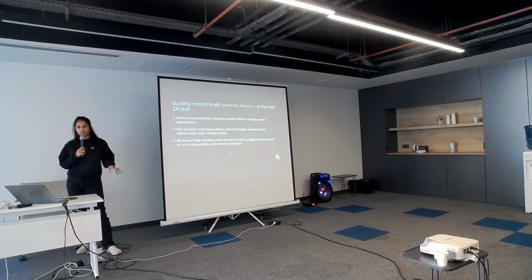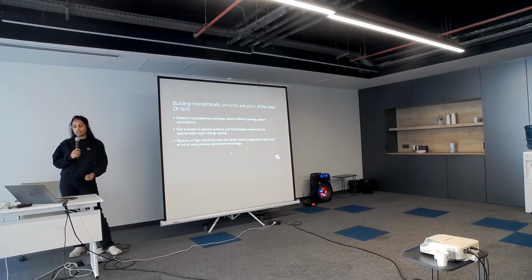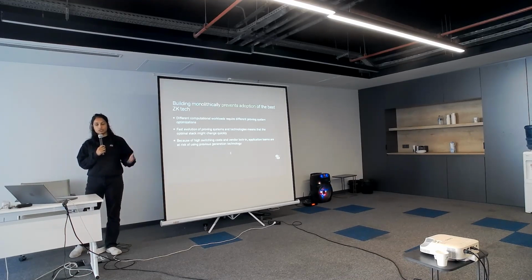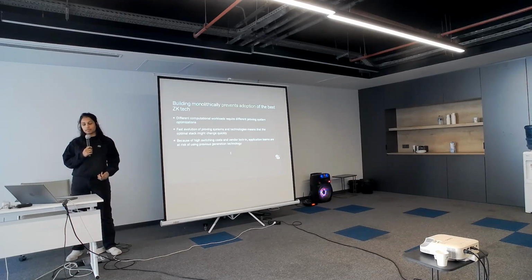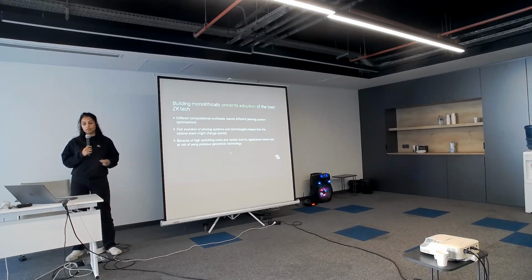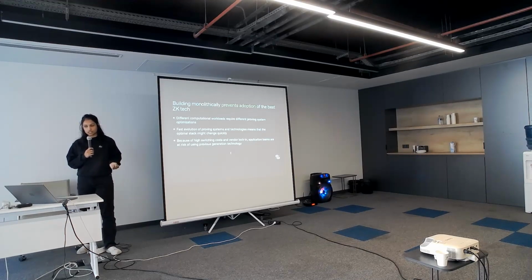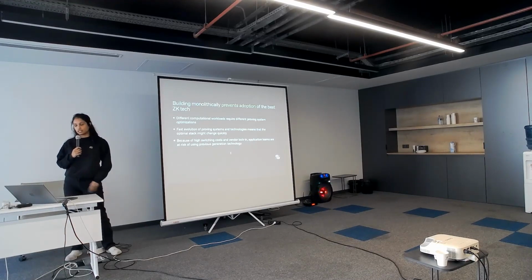And in a monolithic world where you have a bunch of these siloed teams, there's really high switching costs. And because of that, even if there's some new technology that comes out that's really great, you might be too locked into your own stack, and you might be using previous generation technology because there's a lot of sunk cost. And so we think that fundamentally this monolithic architecture prevents adoption of the best ZK tech.